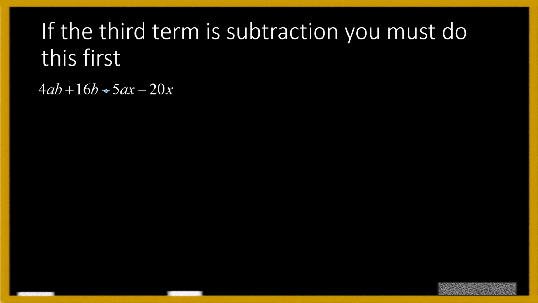We're going to need to change this minus sign into addition by using our integer math, which says that a subtraction problem, say 2 minus 3, is the equivalent of saying 2 plus negative 3. So I'm going to just rewrite this as 4ab plus 16b plus negative 5ax minus 20x. So now I have that plus sign in between.